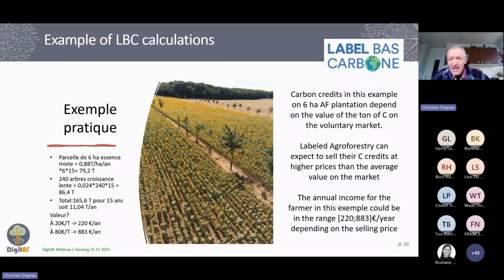But usually labeled agroforestry carbon can be expected to be sold at higher prices than the average value on the market. In that case, if you consider a range of the ton of carbon between 20 and 80 euros per ton, it will be an annual income of between 200 and 800 euros per year for the farmer if the carbon credit is implemented.